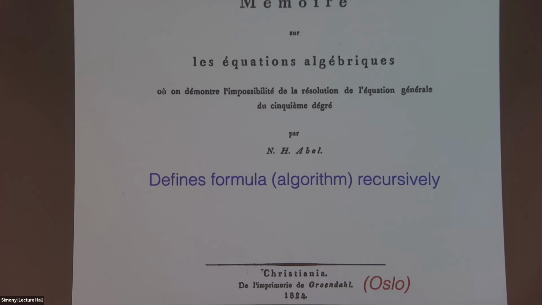And in this paper, Abel has to do several things. One thing he does is define the notion of a formula, or we would probably say today an algorithm, very precisely and recursively, which means that his argument, which is extremely terse, has an implicit inductive element, which is often left to the reader.